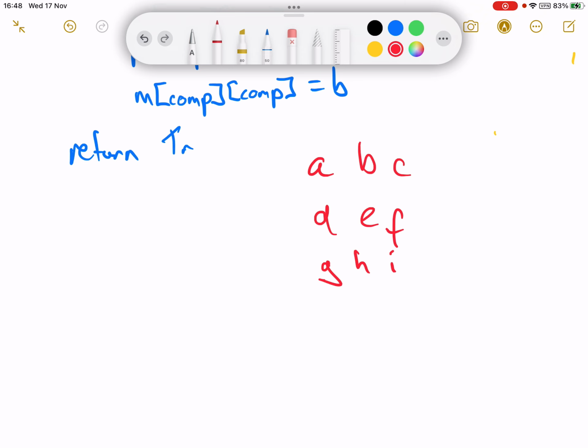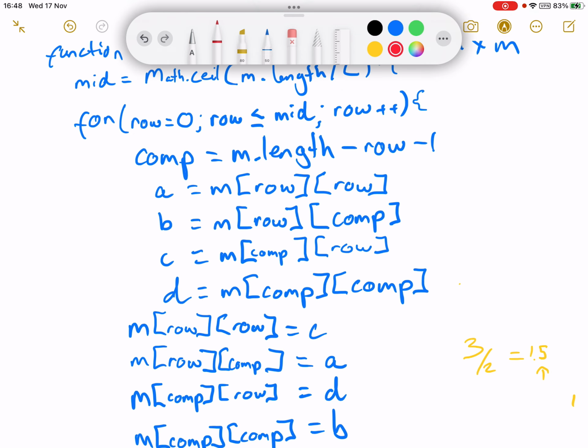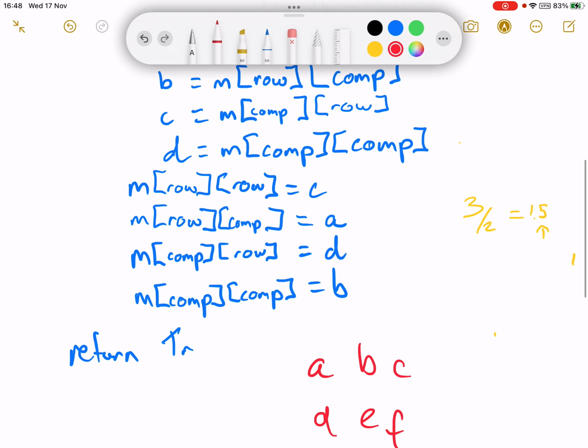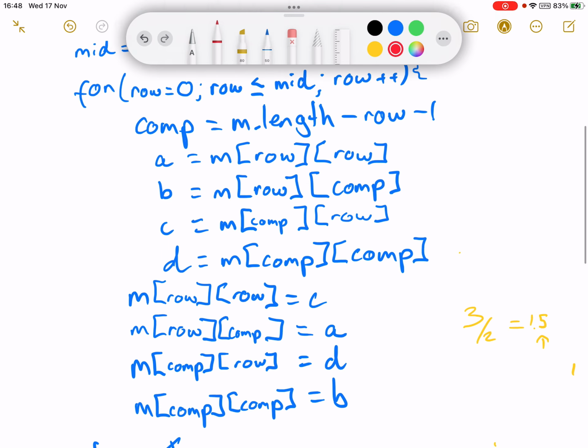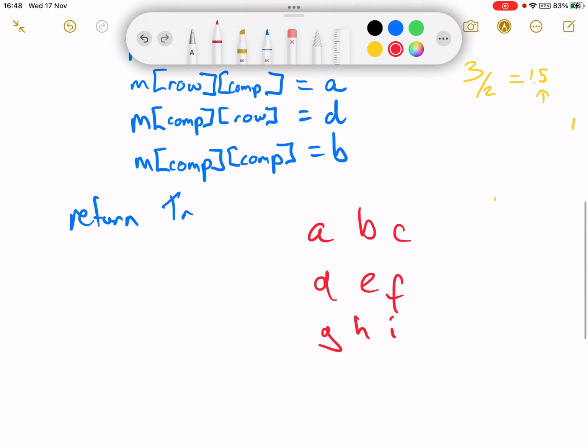Wait, will fixing this condition help? Because if row is not equal to 0, we could just minus 1. We don't need to minus 1, because then you have 3 minus 1, which is 2. So then you would have row 2, 2, which is here, right?